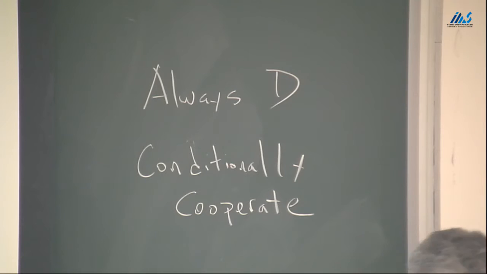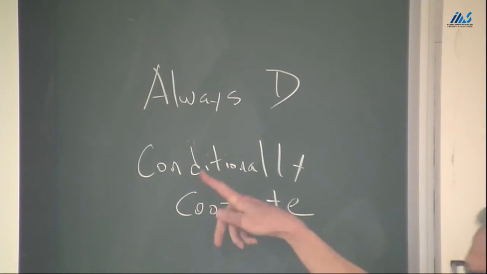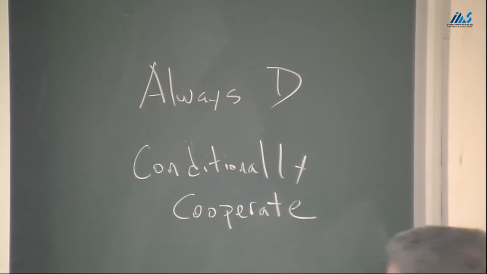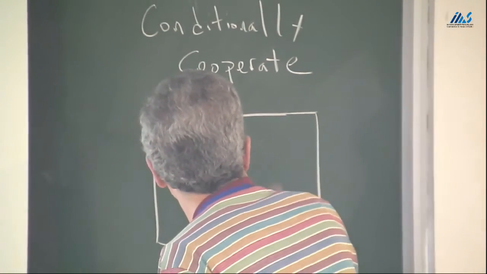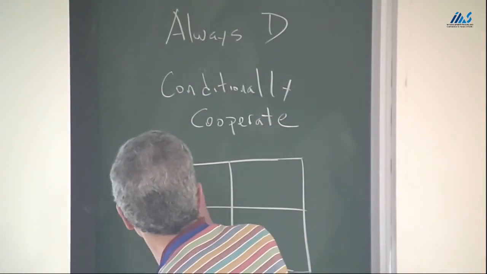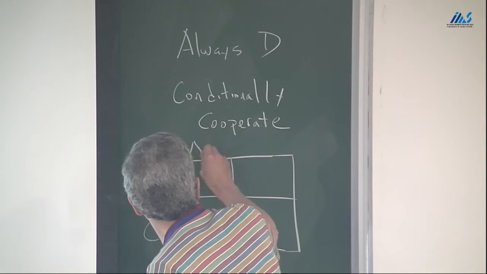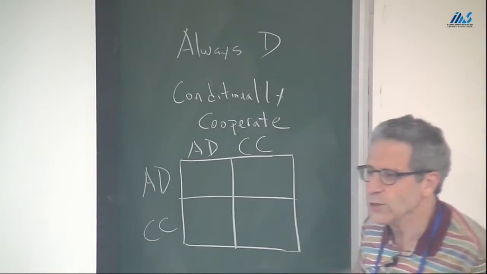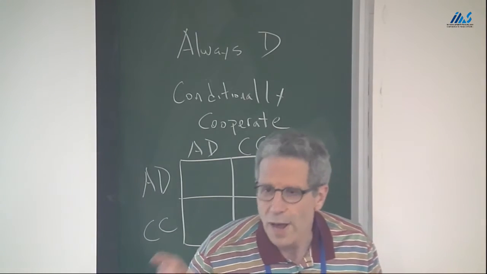And now let's see what happens when this small proportion of conditionally cooperative players are introduced in the population. We can make a 2-by-2 table. So here's always D, and here's conditionally cooperate. Always D against itself is going to get a payoff of 0 every period.